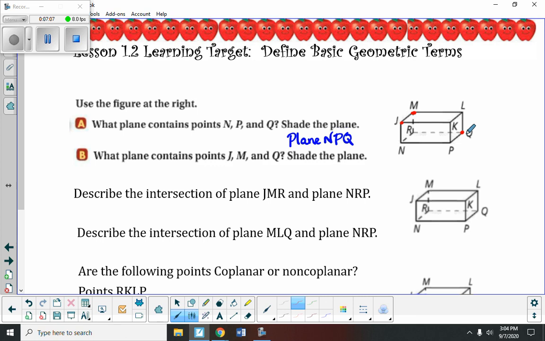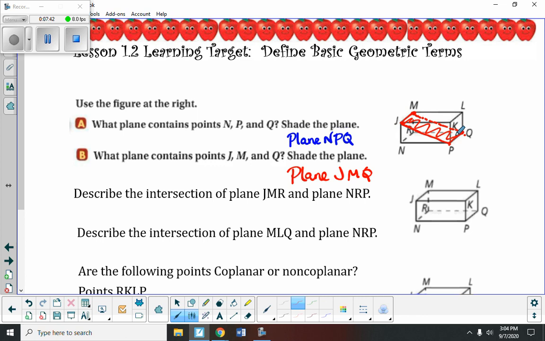It would be like if you took a piece of paper and sliced it diagonally through the box. That would be the plane that would contain those 3 points. And so we have to name that plane with 3 letters. So we can use JMQ, or we could use JMP, or PQM, any 3 letters on this plane.